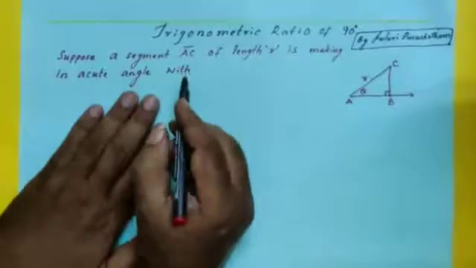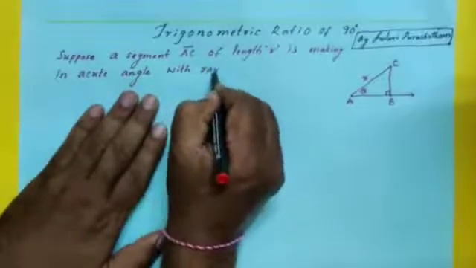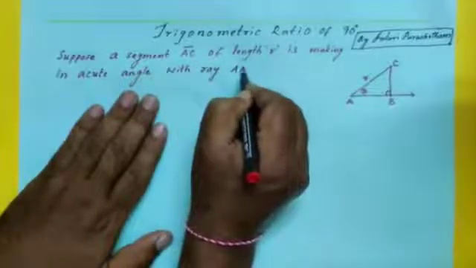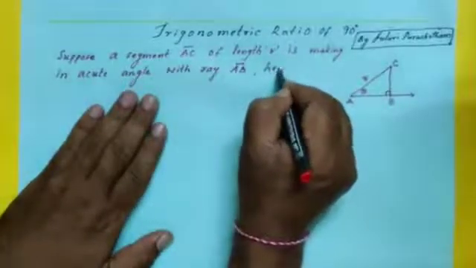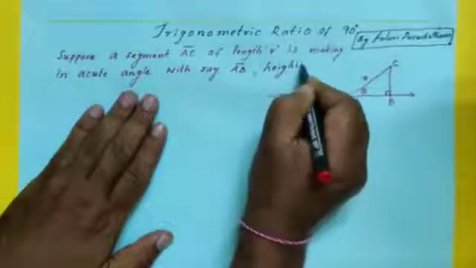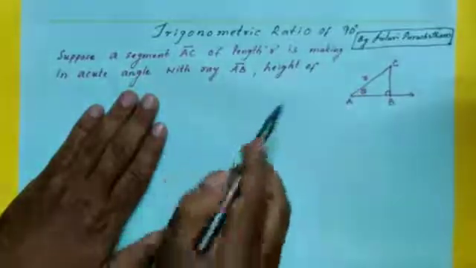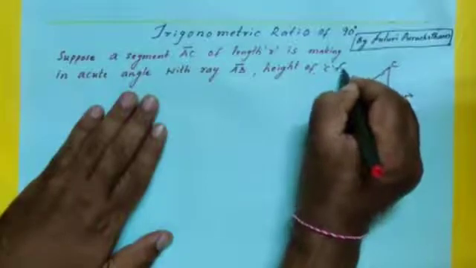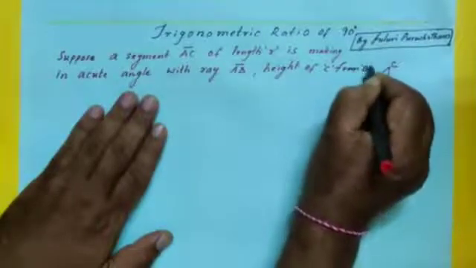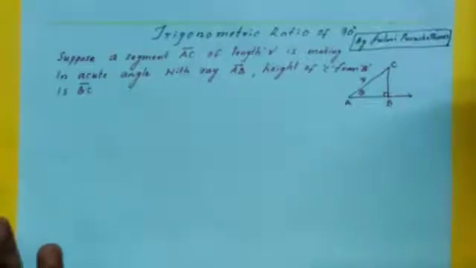That is ray AB, and the height of C from B is BC, that is BC, height is BC. Is that clear, Nana? I just prepared this triangle.